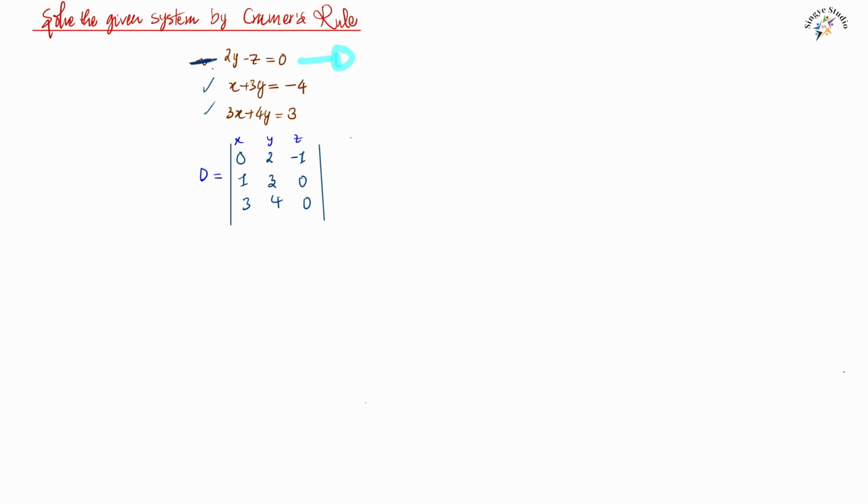Now, if you observe very carefully, these two entries are 0. So if you expand through column 3, it will be very easy for us because we only have to account for this -1. Therefore, expanding through C3, we have plus, minus, plus.